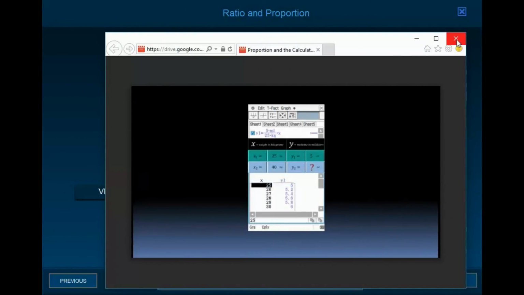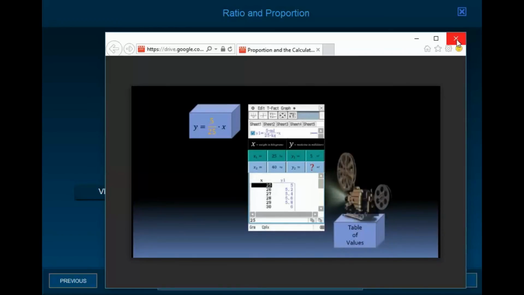Here we have the equation for direct variation that we've been working with in the medicine problem. Remember we said a patient that weighs 25 kilograms requires 5 milliliters of medicine. The calculator, when we enter this equation into it, automatically calculates a table of values for a range of weights and measures of medicine.